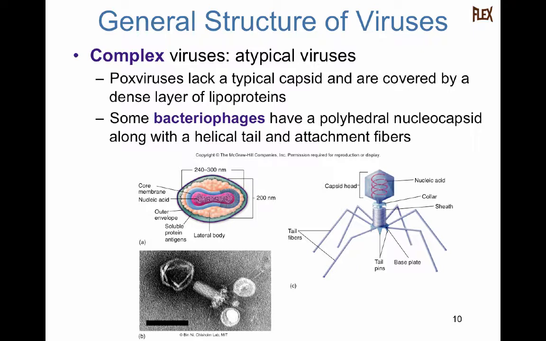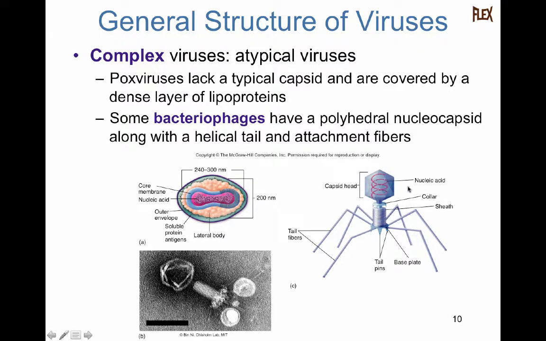But the pox viruses are one of the largest of all the viruses known to man, and they lack a typical garden variety capsid and are instead covered by a dense layer of lipoproteins. Another group of complex viruses are what we call bacteriophages.